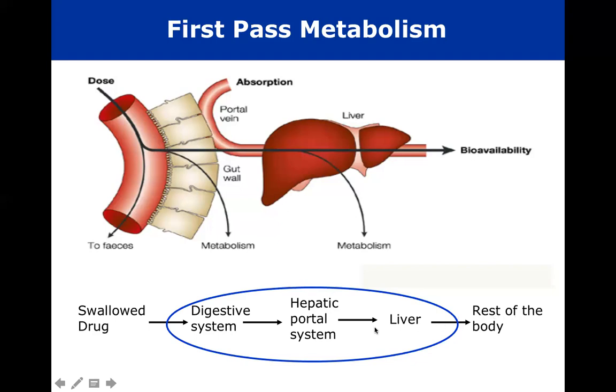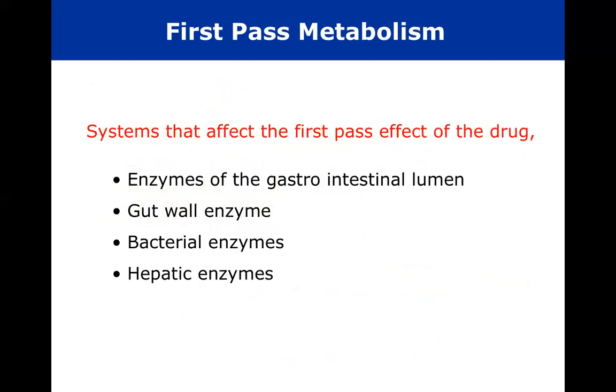So the loss here, we call it the first pass metabolism, and here there will be the systemic metabolism, which is the third part of the pharmacokinetics. The first pass metabolism.